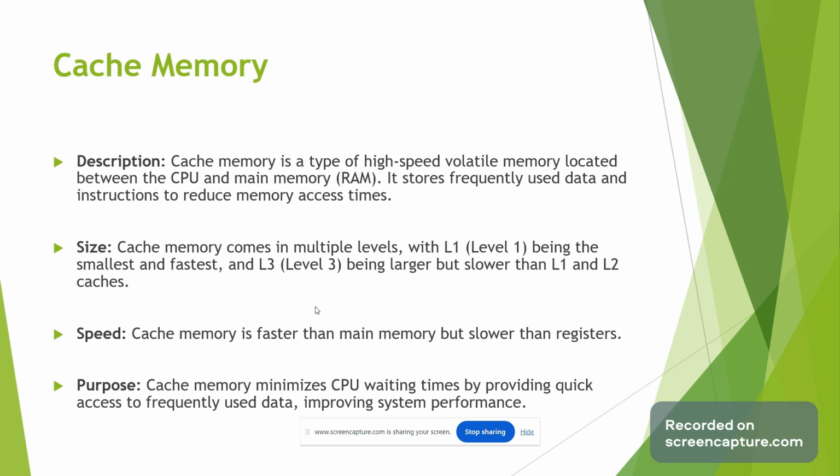So speed: cache memory is faster than main memory but slower than registers. Main memory like RAM is slower than cache, and slower than registers. Purpose: cache memory minimizes CPU waiting time by providing quick access to frequently used data, improving system performance.